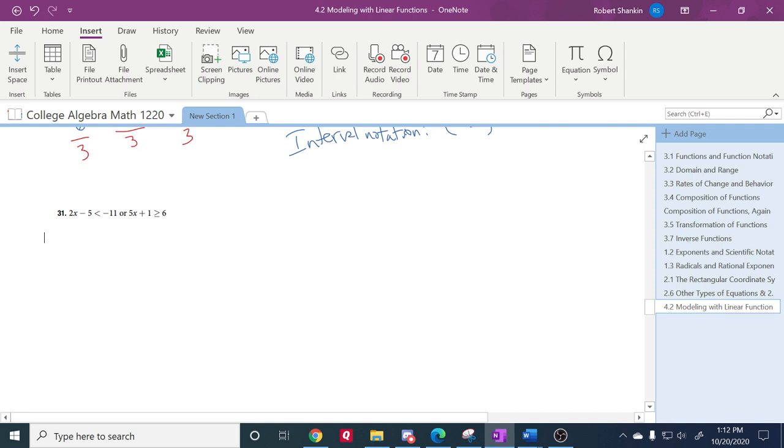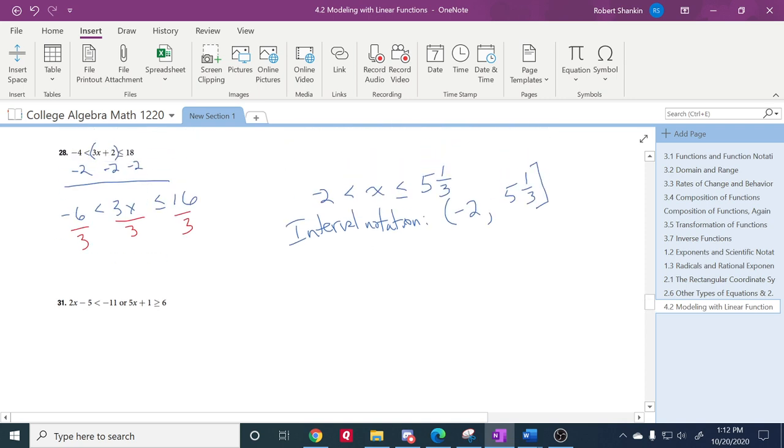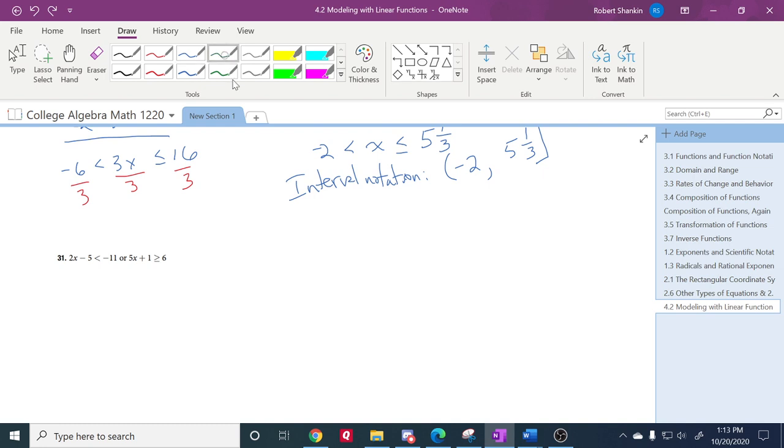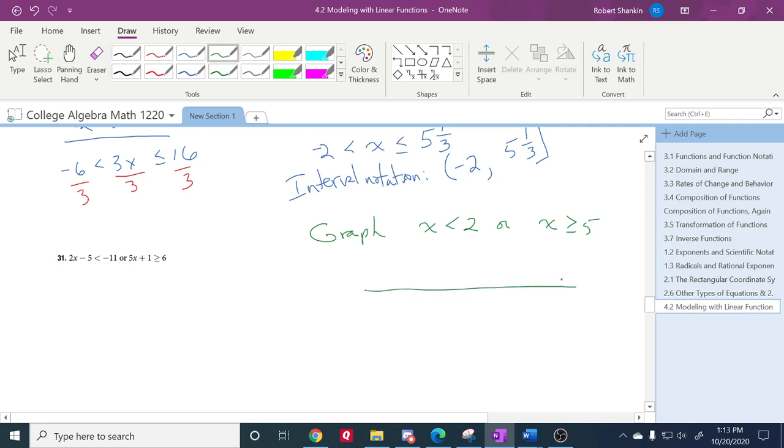All right, now, when you have an OR, let me just do a real basic one. If we'd been asked to graph, let me go to a different color. Graph x is less than 2 or x is greater than or equal to 5. Now, what this would mean would be like this.